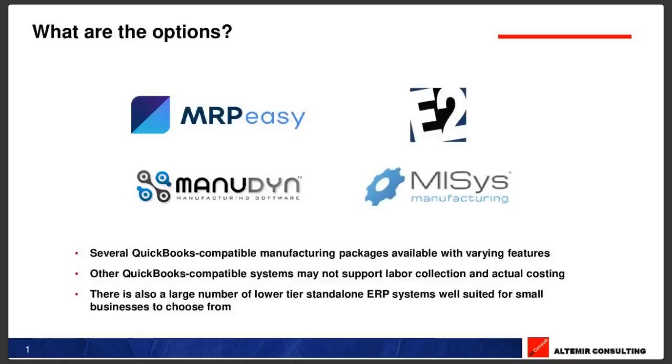I've seen folks use QuickBooks for up to $30 million of revenue with no problem, and smaller companies that use something like, for example, NetSuite from Oracle. It just depends on the nature of your business and what you really need. There are a lot of lower tier ERP options to navigate with varying levels of functionality and usability. So these are some of the options to consider if you want to move in the direction of a more formal, structured, and effective manufacturing system.